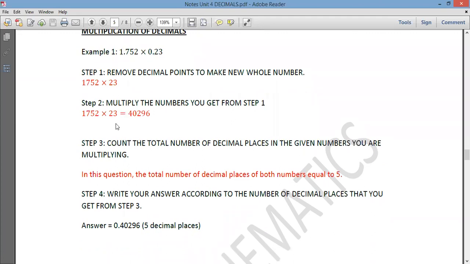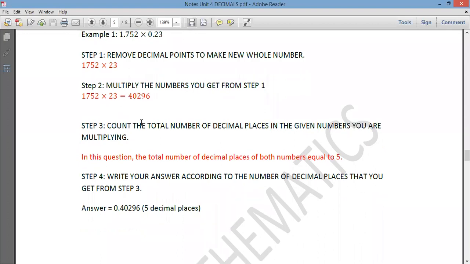Then step 2, multiply the numbers you get from step 1. So just do the multiplication, and you get 40,296.